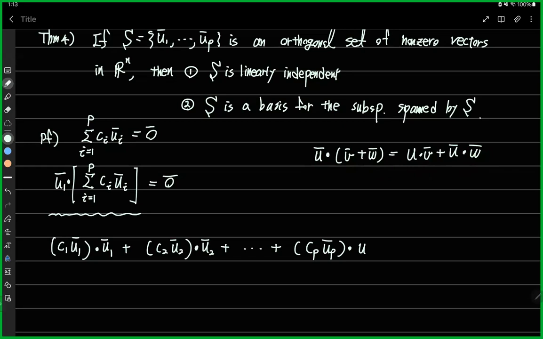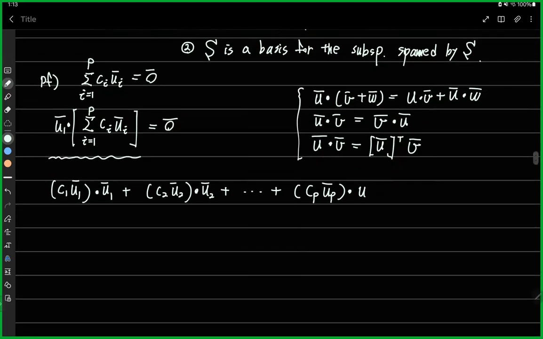And also this dot product satisfies the commutative property, which means that u dot v is equal to v dot u. And u dot v in matrix form is u transpose times vector v. It makes sense, right? So keep in mind this one.